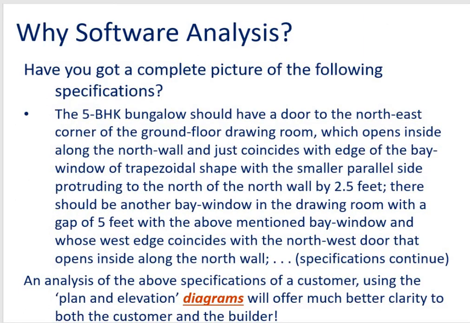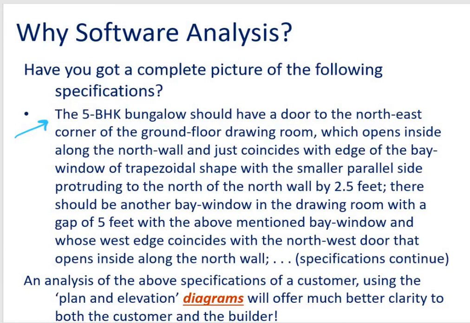So, have you got a complete picture of the following specification? If I am saying the 5 BHK bungalow should have a door to the northeast corner of the ground floor drawing room which opens inside along the north wall and just coincides with the edge of the bay window of trapezoidal shape with the smaller parallel side protruding to the north of the north wall by 2.5 feet.